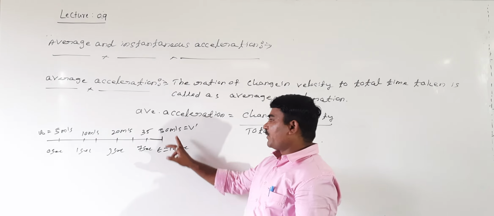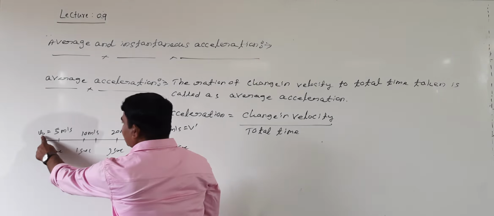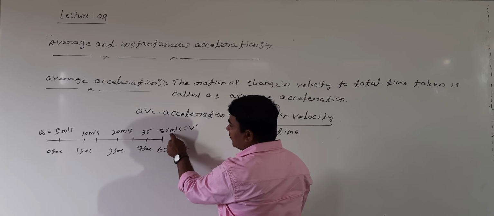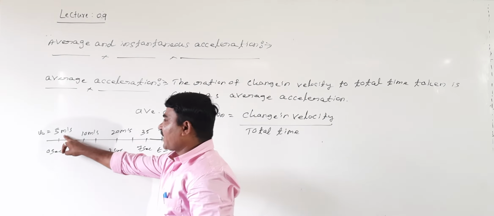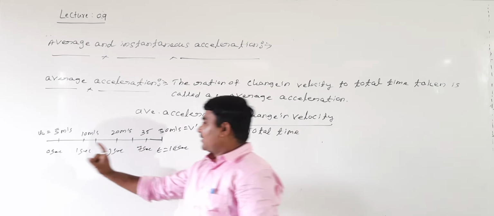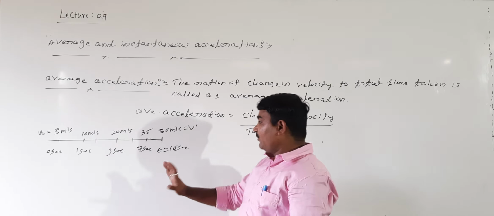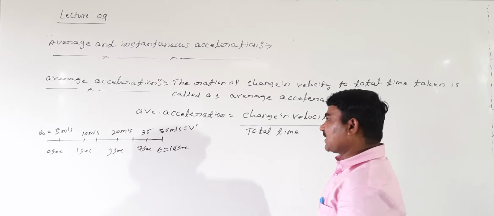Here 50 meters per second in 10 seconds. This is the initial velocity and this is the final velocity. Initial velocity is 5 meters per second. Final velocity is 50 meters per second. Initial time is 0 seconds. Final time is 10 seconds. Then what is average acceleration here?